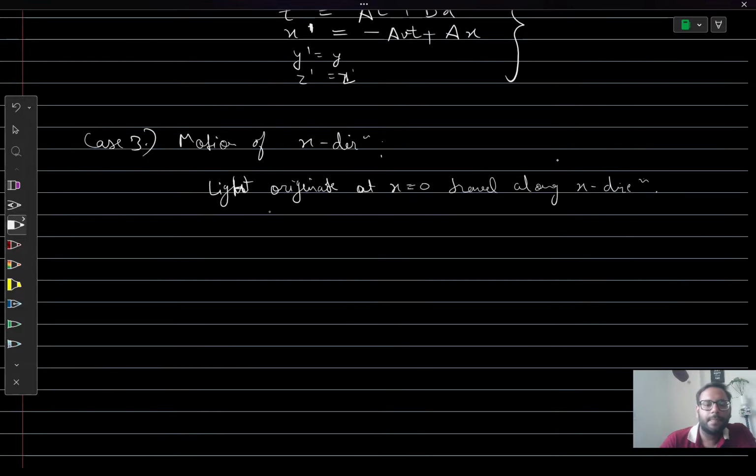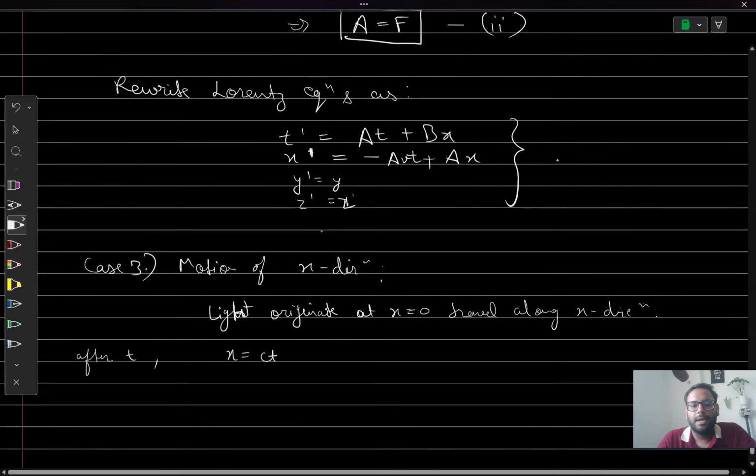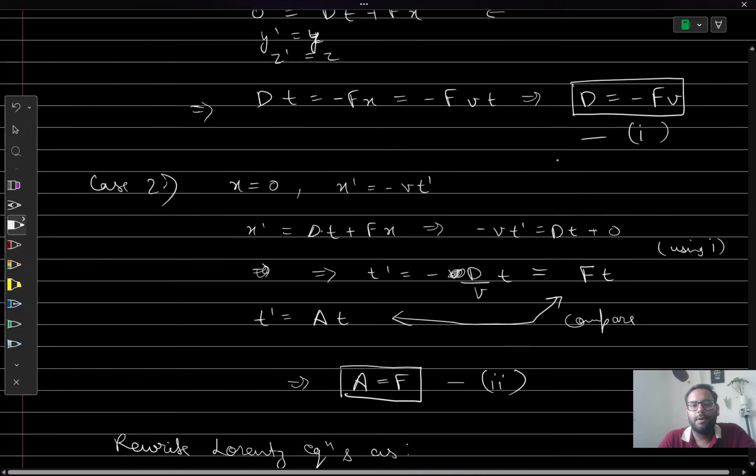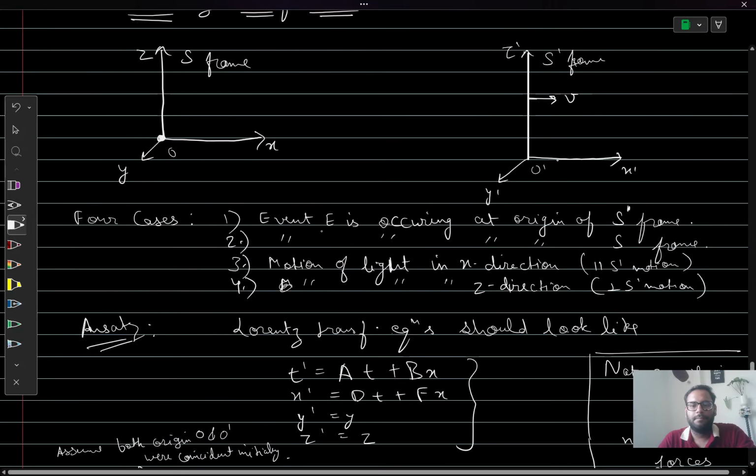So what will happen? My x coordinate will be ct after time t. And what will be the coordinate of x prime?